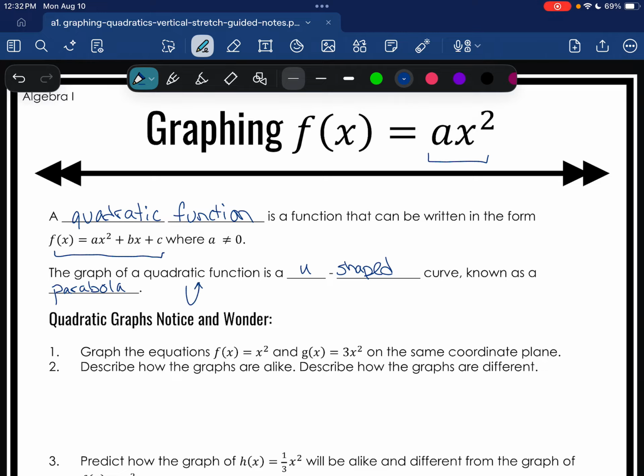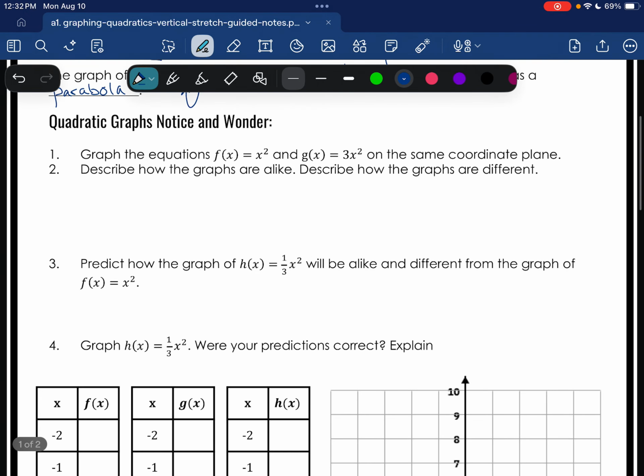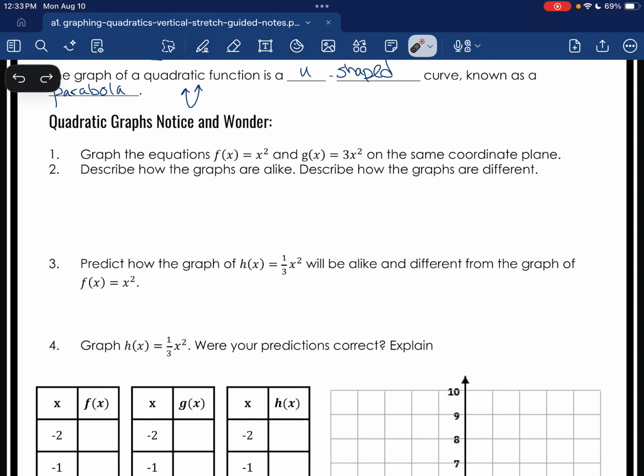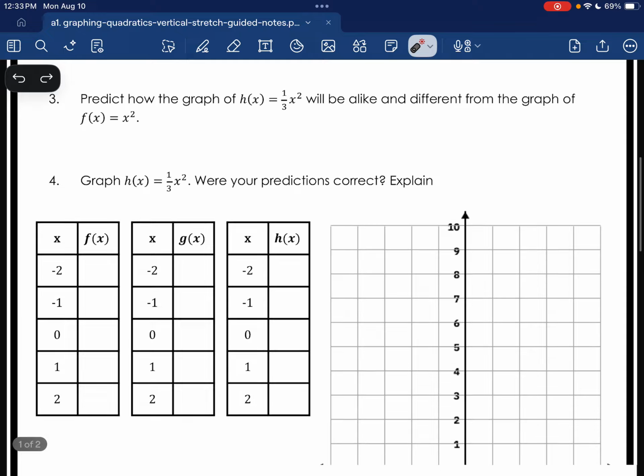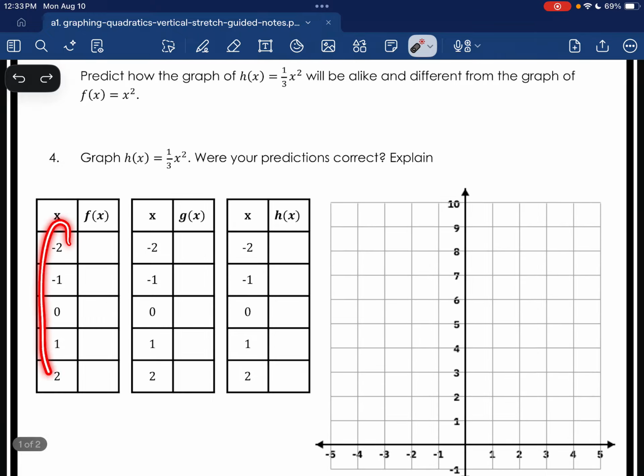All right, so this is where a little bit of heavy lifting on your end comes into play. So notice I have these tables down here. I have this cool laser pointer I can be using. These tables down here. You're going to graph f of x and g of x, so just the first two, using the tables that I've provided for you. So I have given you the x's, so how do you find the outputs?